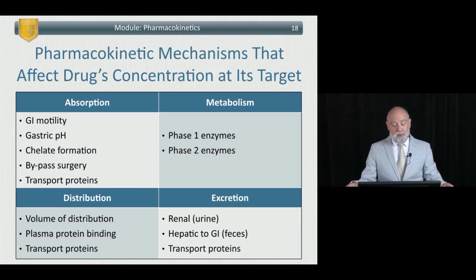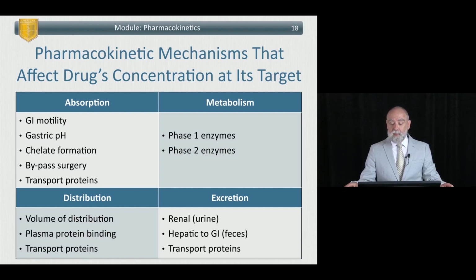So absorption, it's affected by the GI motility, gastric pH, chelate formation, bypass surgery, transport proteins. And I'll talk about transport proteins towards the end of this presentation. Distribution is affected by volume of distribution, plasma protein binding, and again, transport proteins.